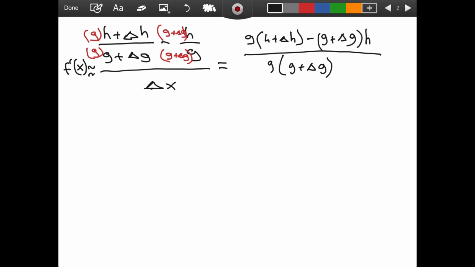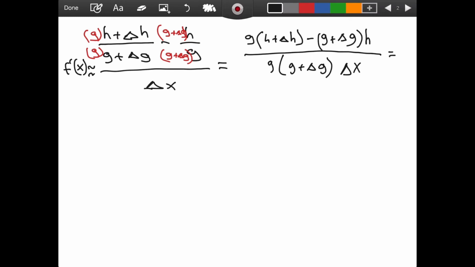Also, we have another division. We have delta x, so let's just put it here as well. This is all great. I just combined the different terms under one denominator to make it simpler.